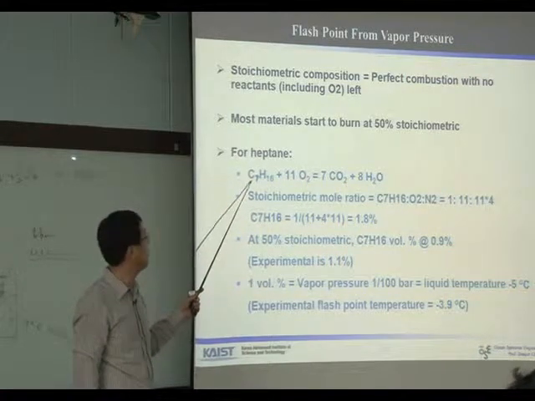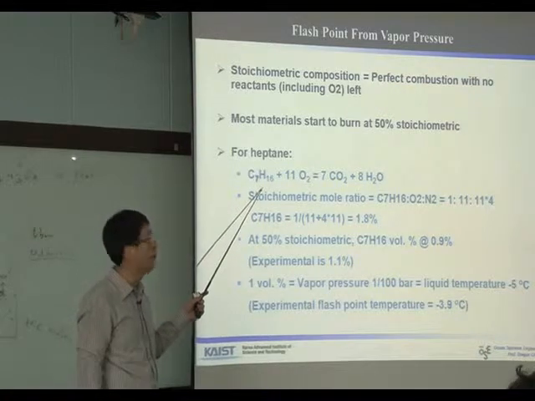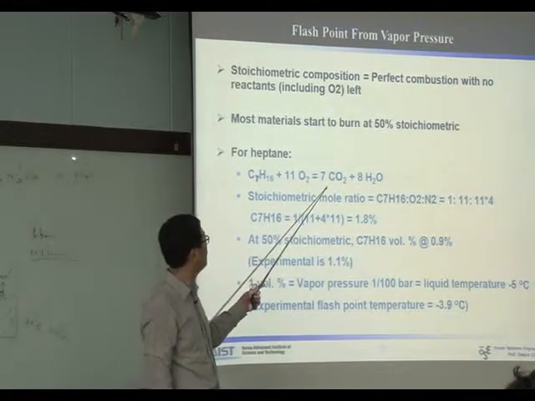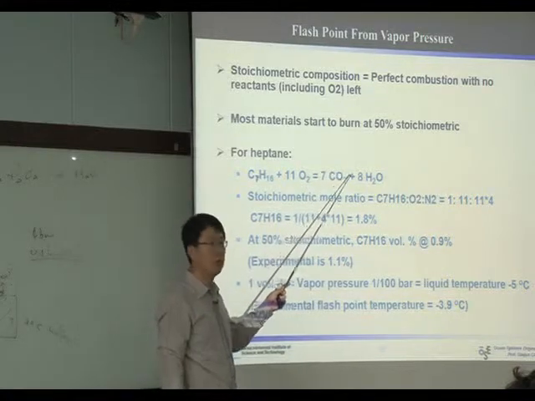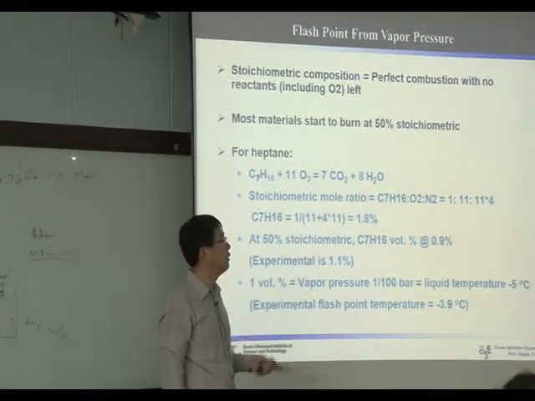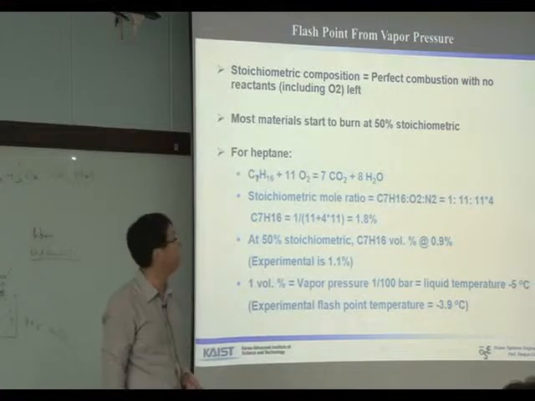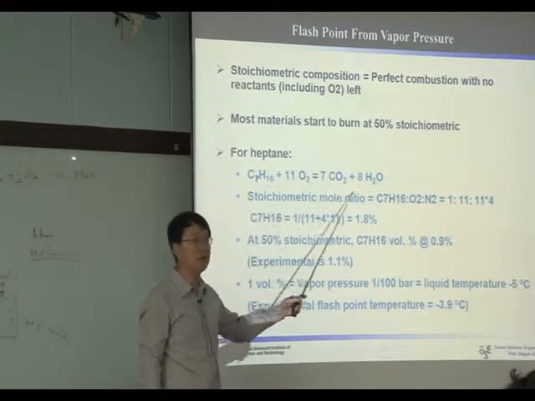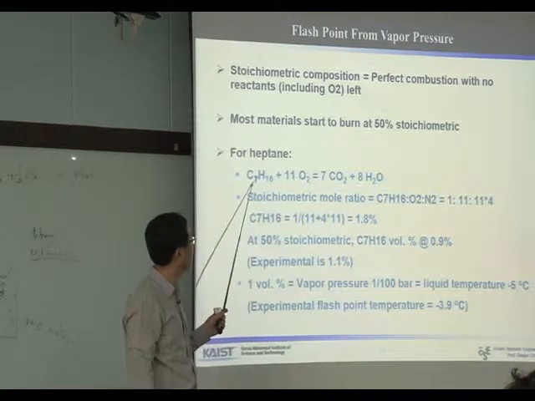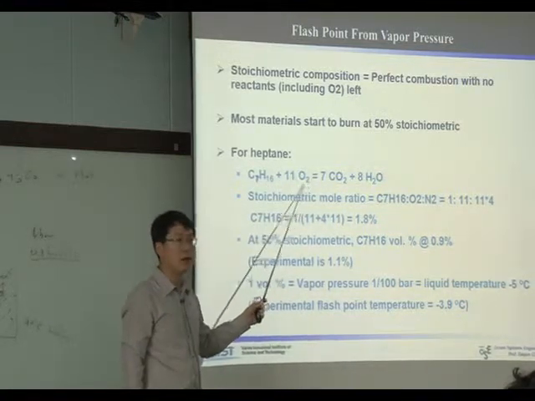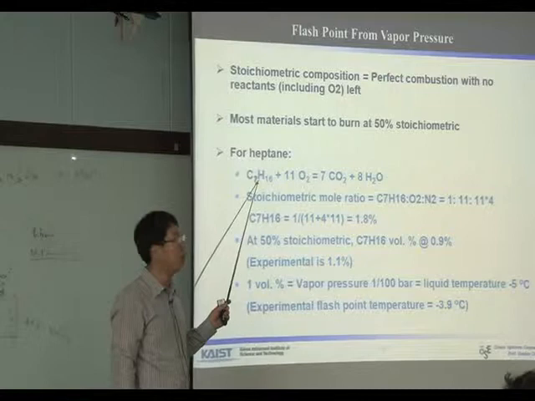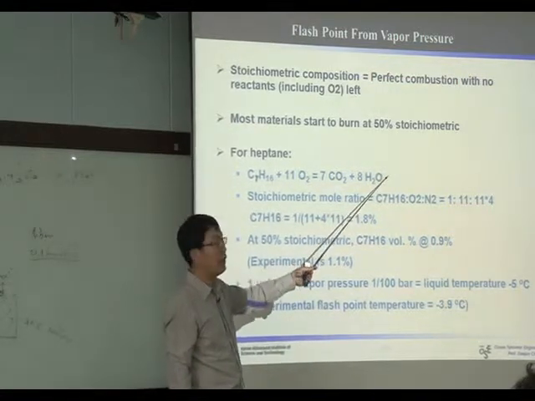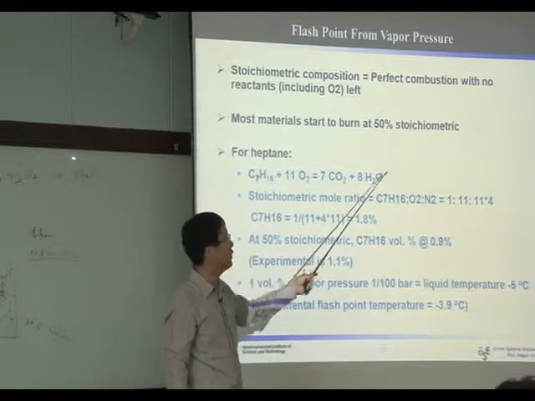Heptane is C7H16 plus 11 O2 leads to 7 CO2 plus 8 water. This is the stoichiometric concentration because we don't have any heptane and oxygen after the reaction.